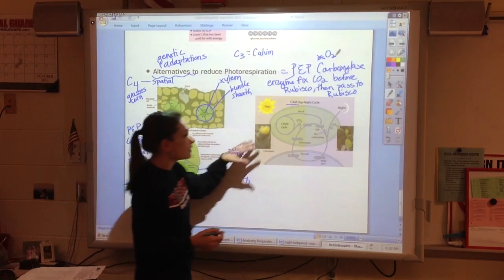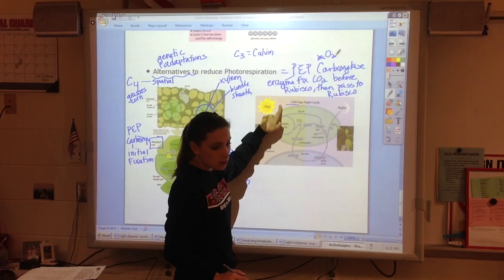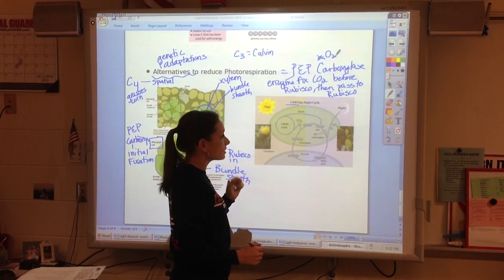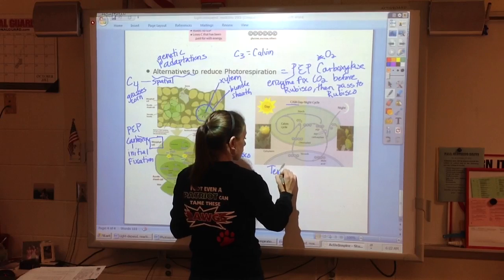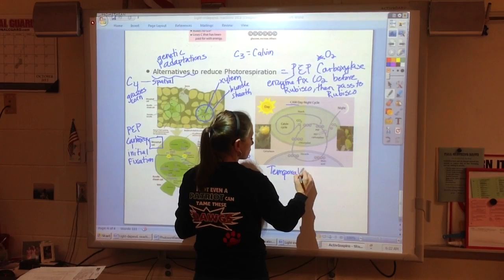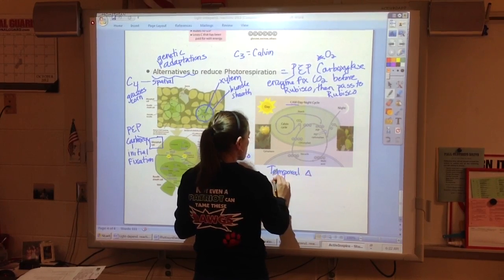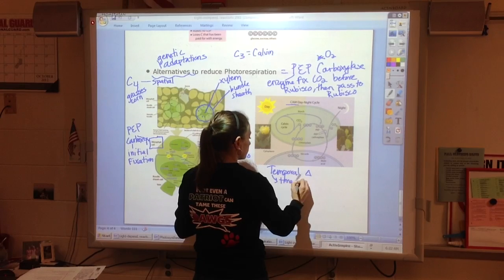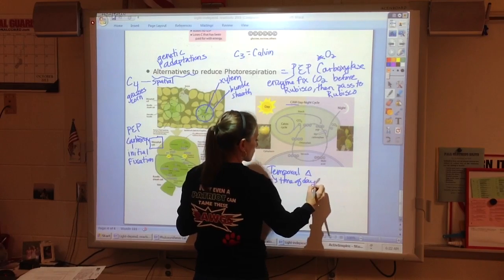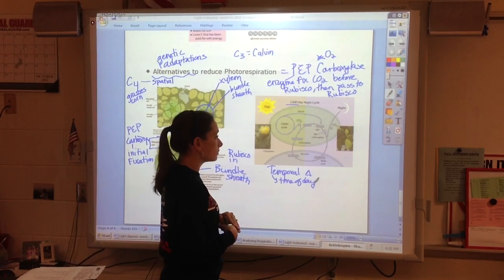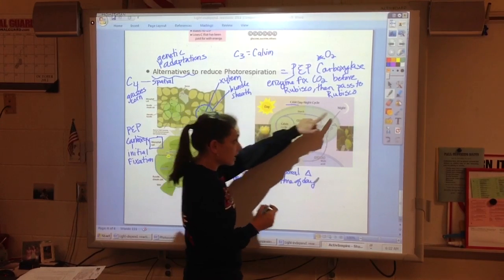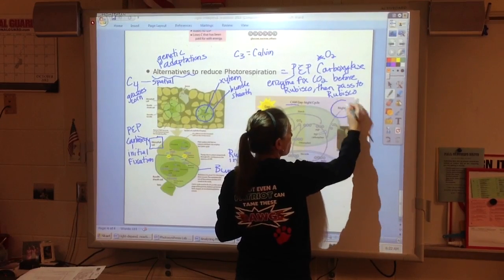Another alternative is called the CAM cycle. The CAM cycle is going to be happening temporally different. Temporal difference means time of day. What this means is that during the night, we're going to open the stomata.